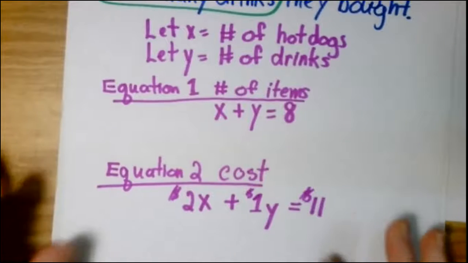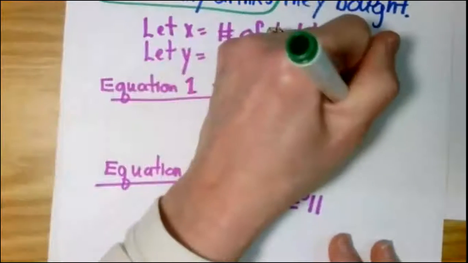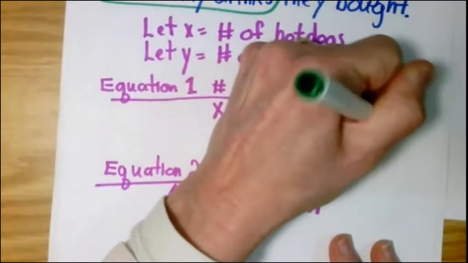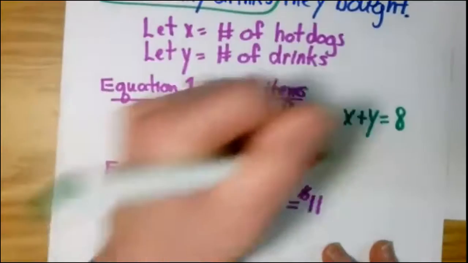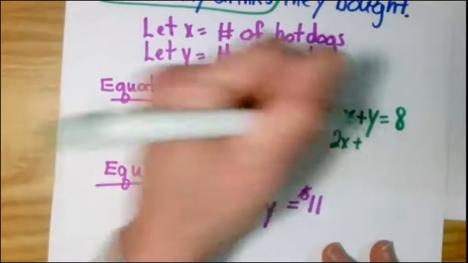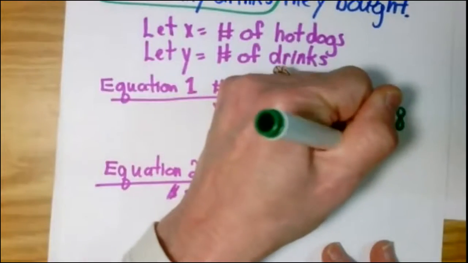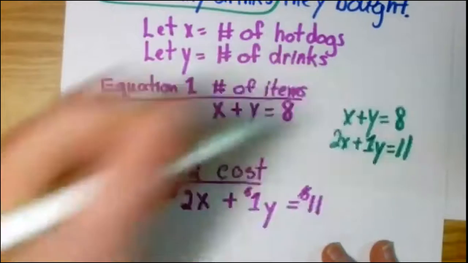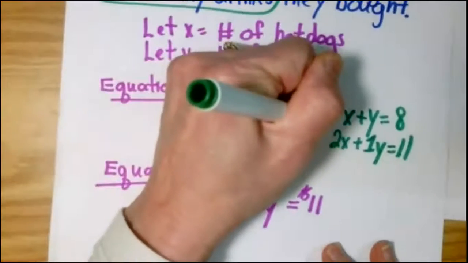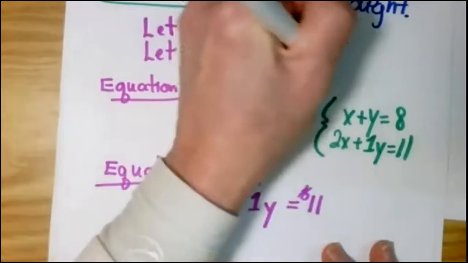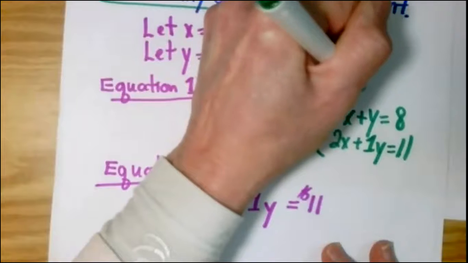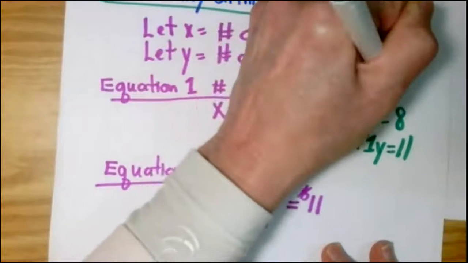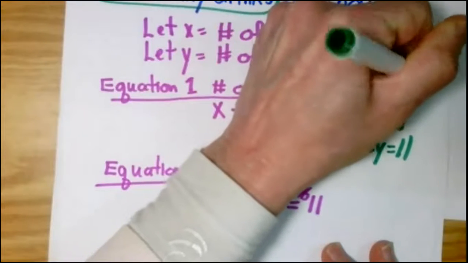So let's rewrite those onto the side here. We have x plus y equals 8, and we have 2x plus, we're just going to say 1y equals 11. And we're going to put our little bracket, meaning this is a system of equations.